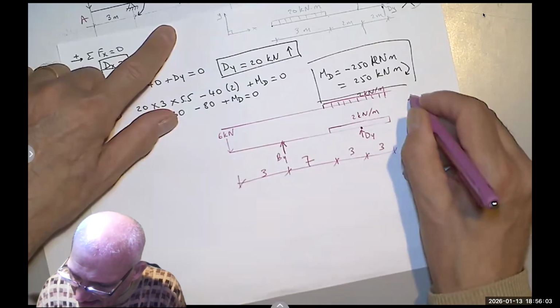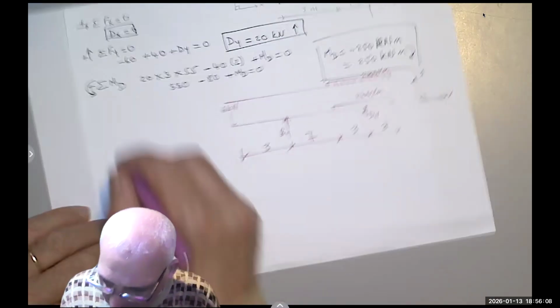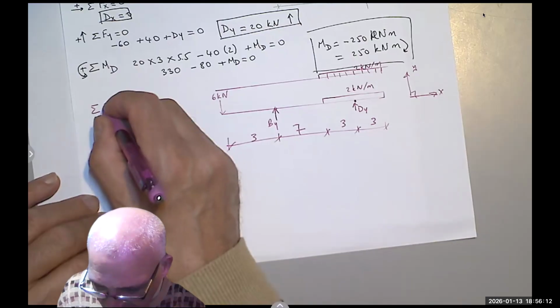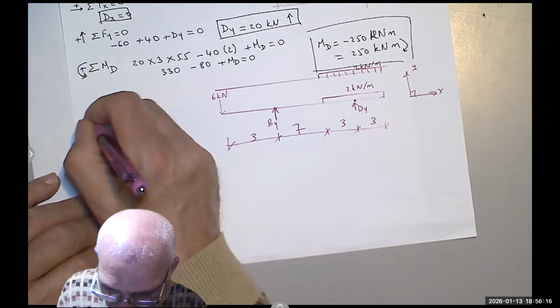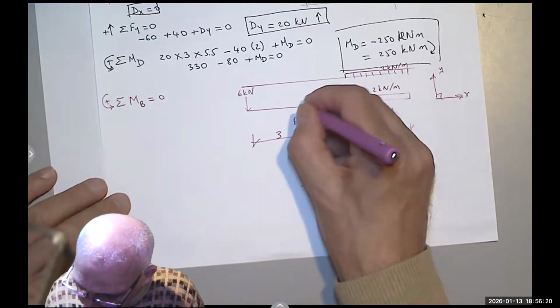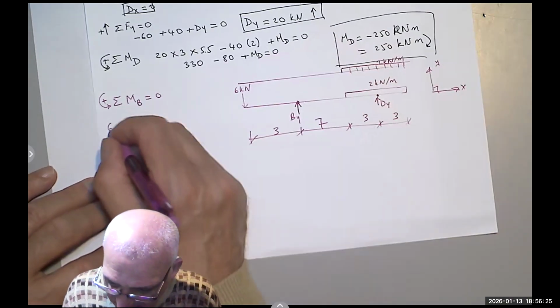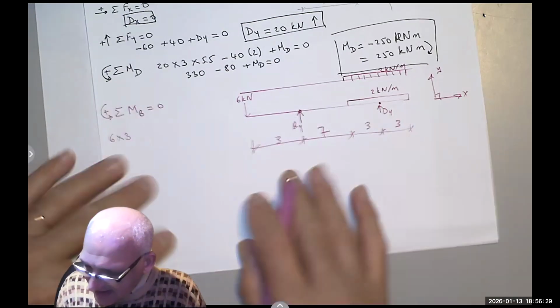We are not going to say sum of the forces in the x. We will start right away by taking the moment either about B or about D. So the sum of the moment about point B equals 0, counterclockwise is positive. If I take the moment about B, the 6 is rotating counterclockwise, so it's positive 6 times 3. Of course, B doesn't rotate about itself.